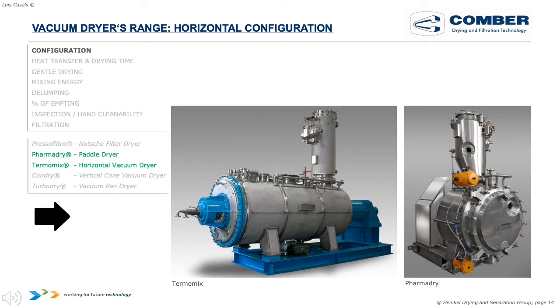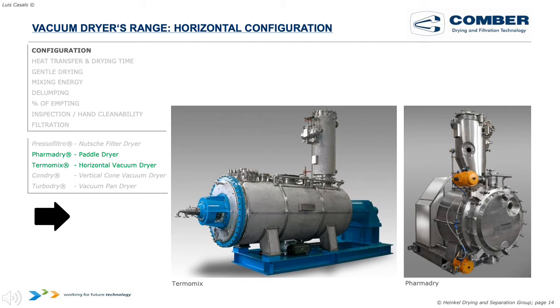These are the two horizontal options, the two horizontal vacuum dryers. On the right-hand side you can see the paddle dryer with a front door and a suspended shaft in cantilever design. The second one, in the middle, is the Thermomix.